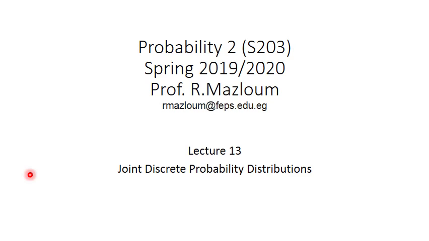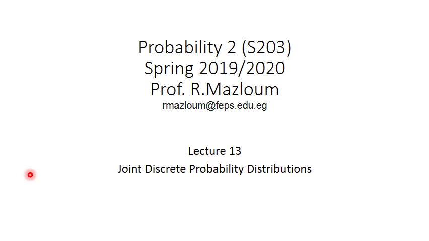But for simplicity, we are going to start with the case of 2 random variables. And then after we understand all details in this case, we are going to extend it to more than 2 random variables. Also, we are going to cover both the discrete case and the continuous case.